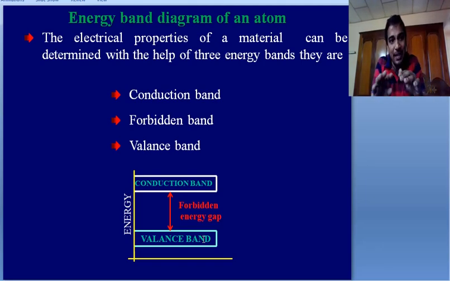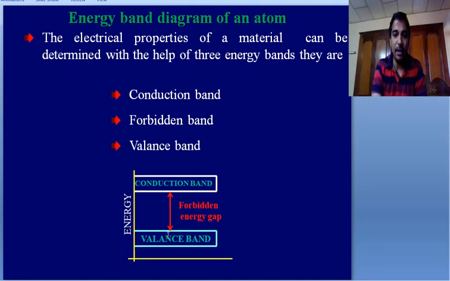The second orbit will make some band. Like this, so many energy bands will be occupied in every material. Out of those, as said, these three, conduction band, forbidden band, valence band, are very important to specify what kind of material it is.